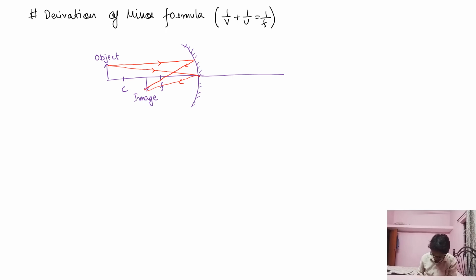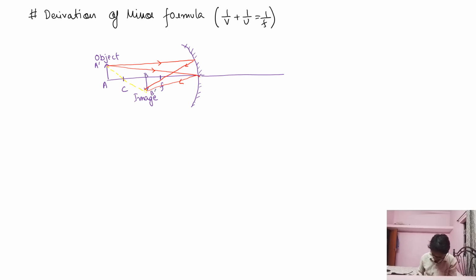Now we need to pay careful attention to two more things. I'm joining a line from image and object through C. Now I'm calling this object A dash and image B dash.